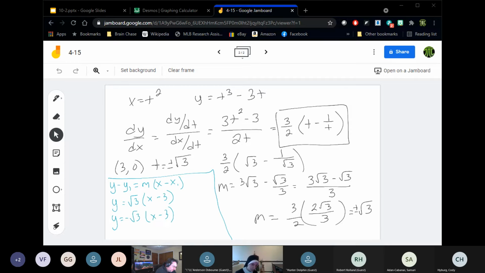So those are the two tangent lines at that point. Does that make sense?